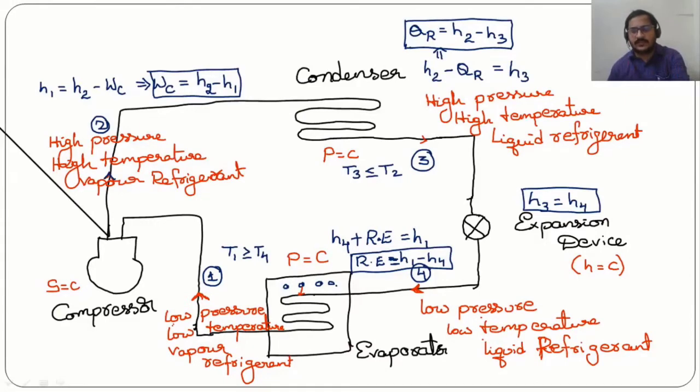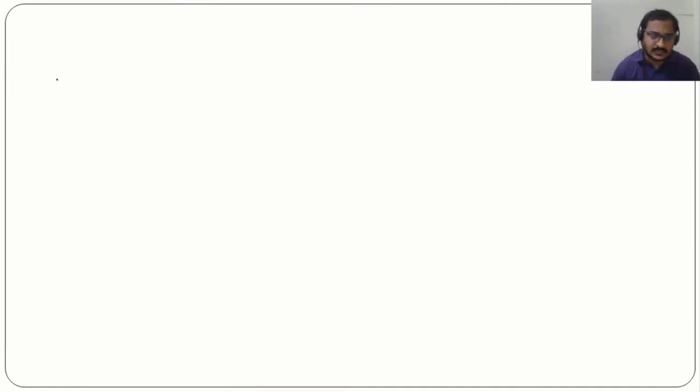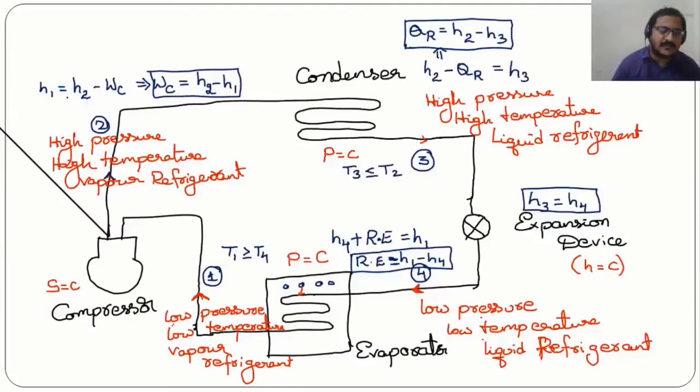Now, if you observe carefully, I have considered specific enthalpies. So the work input that we are giving to the compressor, the heat rejected, the refrigerating effect, everything we are getting here in terms of kilojoule per kg, because we have taken small h.